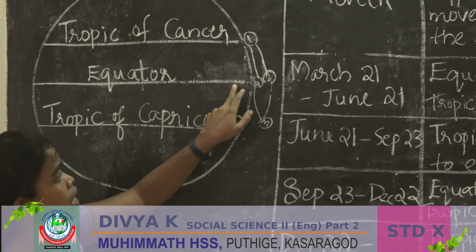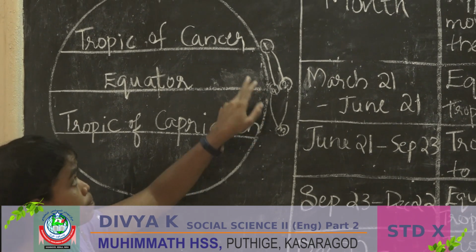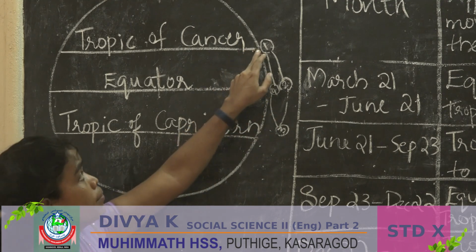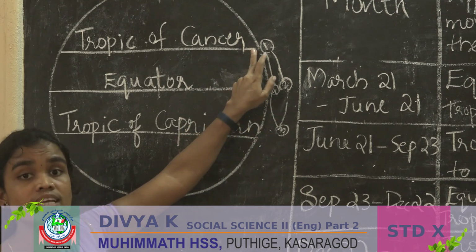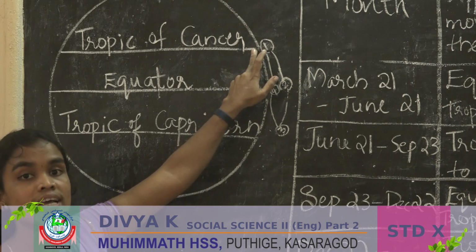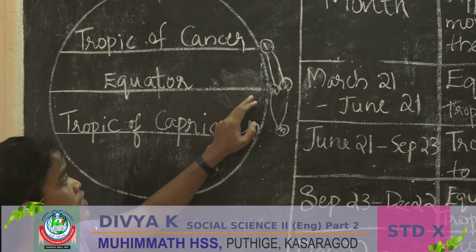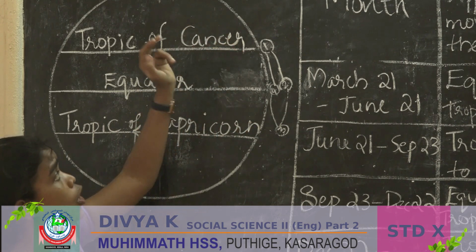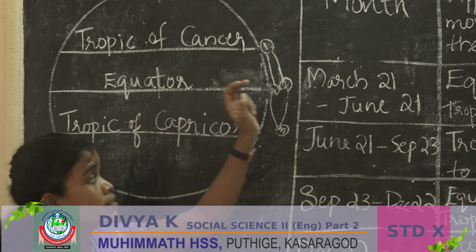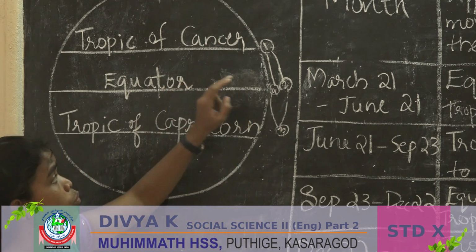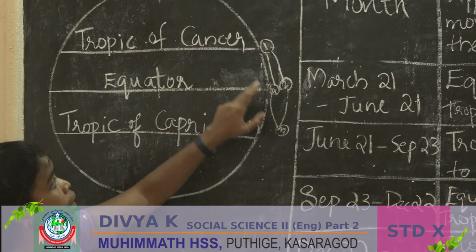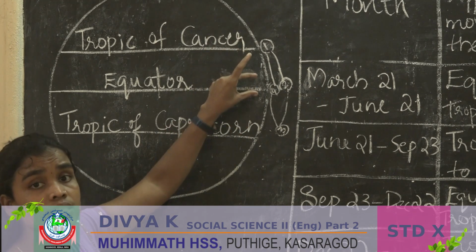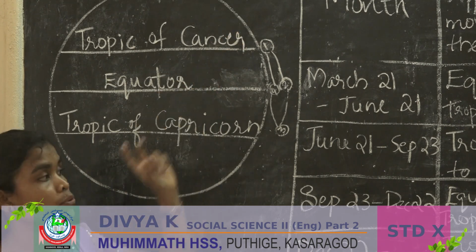Listen carefully: on March 21 the sun is at the equator, and on June 21 it reaches the Tropic of Cancer. That is, the apparent movement of the sun from the equator to the Tropic of Cancer happens from March 21 to June 21.